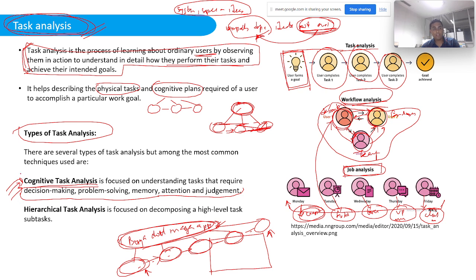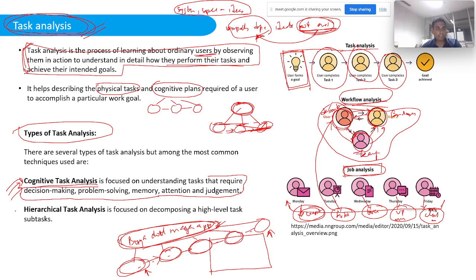But understanding specific cognitive processes, like how a user decides a particular set of tasks, or how he plans and finally evaluates a set of activities to perform, is difficult just by observing these extreme conditions. So for that we need other techniques.